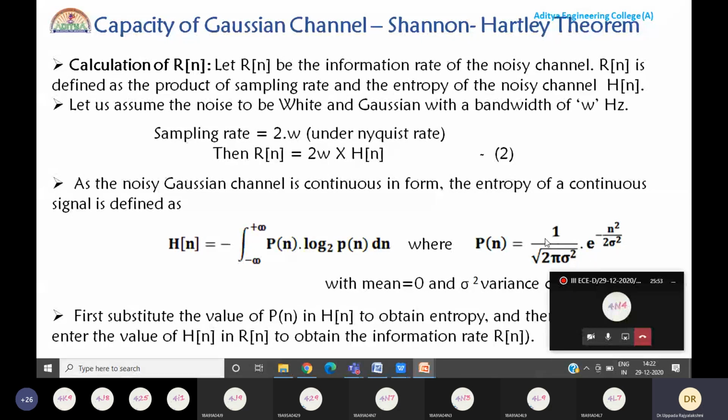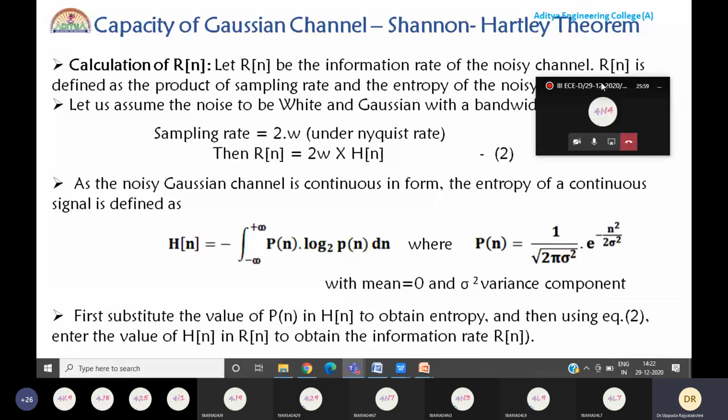We have assumed it as 1 by root 2 pi sigma square e power minus n square by 2 sigma square. This is our assumption. We have assumed the channel to be Gaussian, so we have integration instead of summation because it is a continuous channel. Here the mean is 0, and sigma square is the variance component.